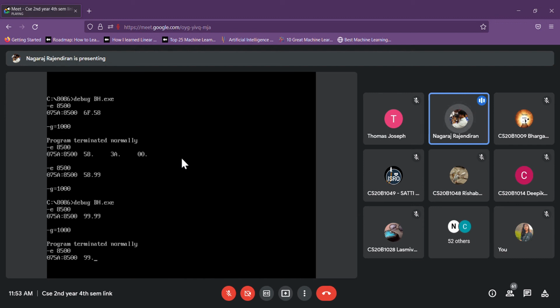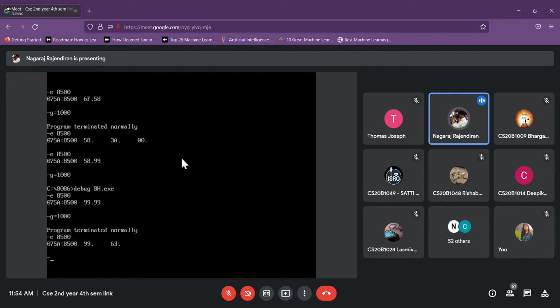So 99 is an 8-bit decimal number. The conversion of this decimal number to hexadecimal gives 63. If you have a calculator, please check that. The conversion of 99 decimal to hexadecimal is 63, and similarly the conversion of 58 decimal to hexadecimal is 3A. I will share the code in the chat box.